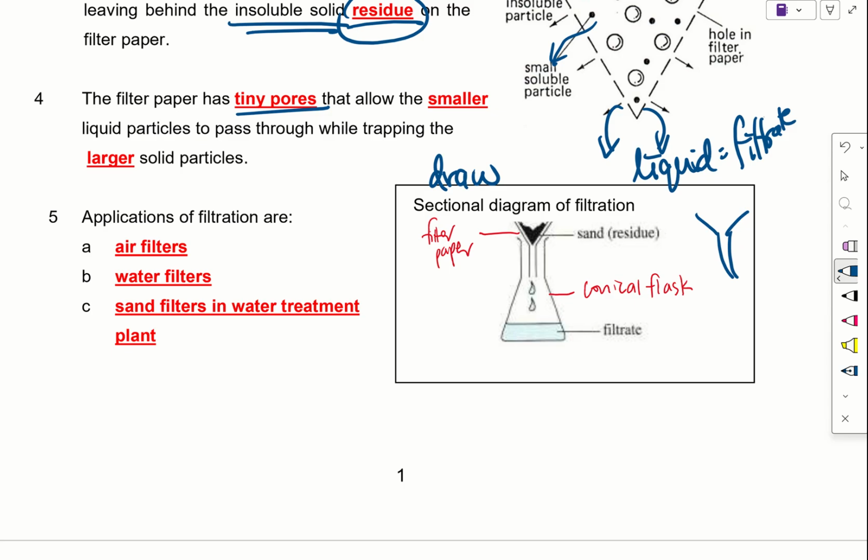Of course, you draw a straight line, then we have a V shape to show the filter paper. Okay, and usually we can stand it on a conical flask, so that the smaller liquid particles can flow through, which we call the filtrate. What is left behind on the filter paper is called the residue.